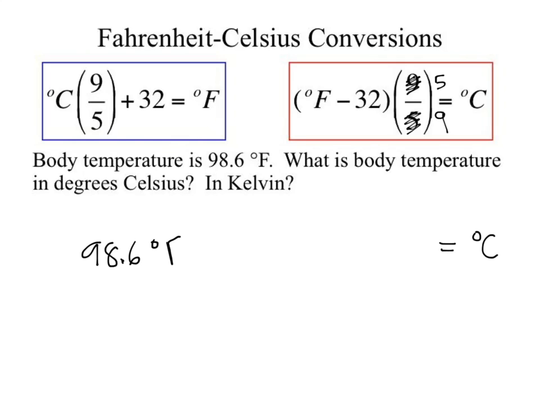We'll start with what we're given, our 98.6 degrees Fahrenheit minus 32, and then we'll multiply by our 5 over 9. Those of you that have pushed some serious mathematics, or maybe some not so serious mathematics, might be cringing at the way I've got that written. What's the problem with how I've got that written? You enter that into the calculator: 98.6 minus 32 times 5 divided by 9.